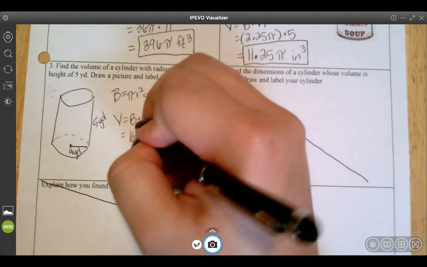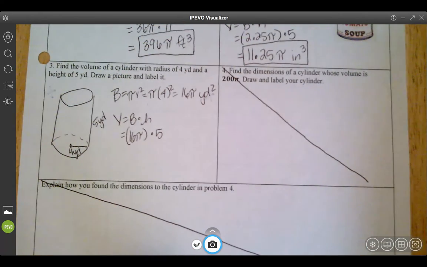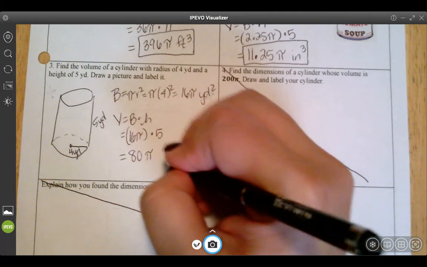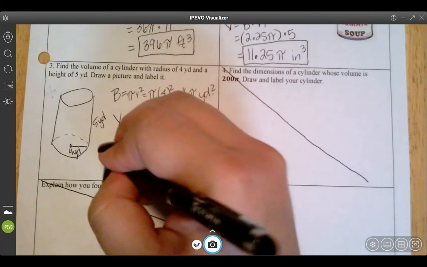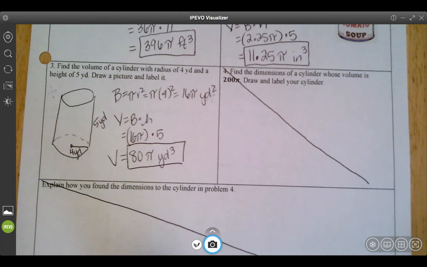So that's 16 pi for the base and a height of 5. 16 times 5 gives us 80 pi cubic yards because it's volume. So that's the volume of prisms and cylinders. Our next step is to look at the related shapes, which are pyramids and cones.